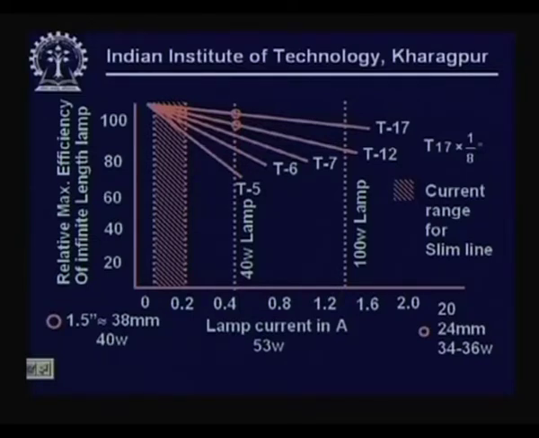Let us say I consider an ordinary 40 watt lamp. If I use T12, T12 corresponds to 12 times 1/8, a 1.5 inch diameter tube. What is the output I have? If I operate around 0.4 amperes, I have an output about 89 to 90% of that of a lamp of infinite length.